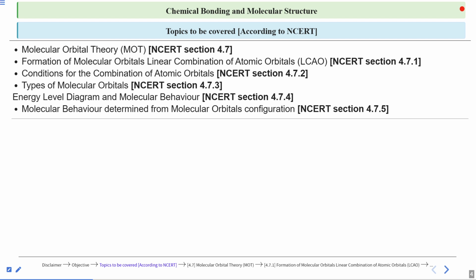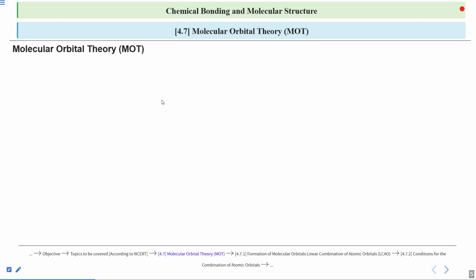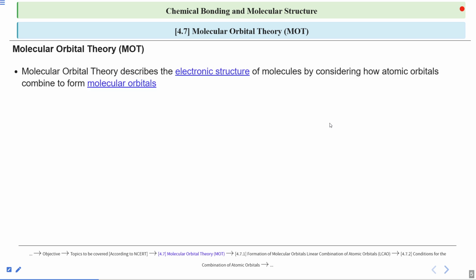So let us begin the discussion of the molecular orbital theory. What is molecular orbital theory? What is the basis of it? It is the theory which describes the electronic structure of molecules. In the previous class, we have seen how the electronic structure of an atom is described.